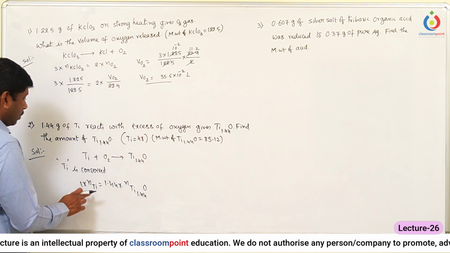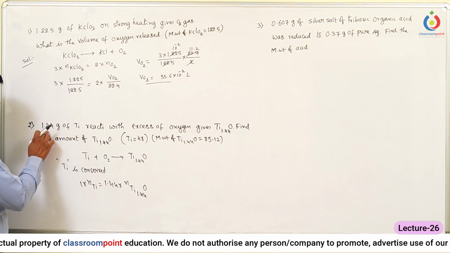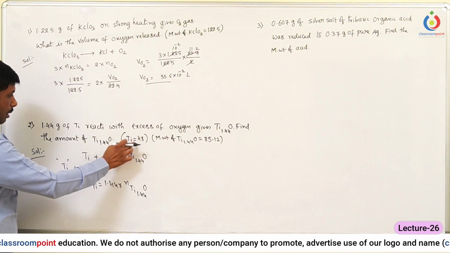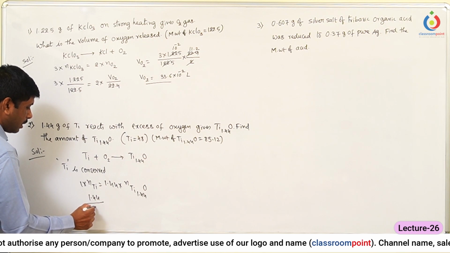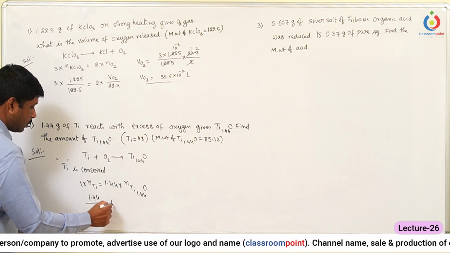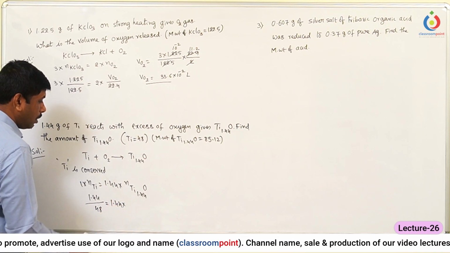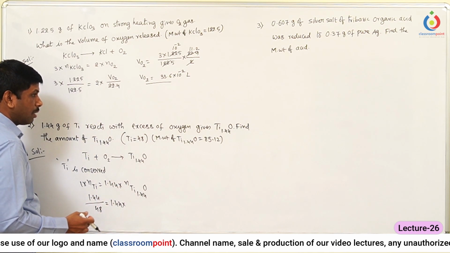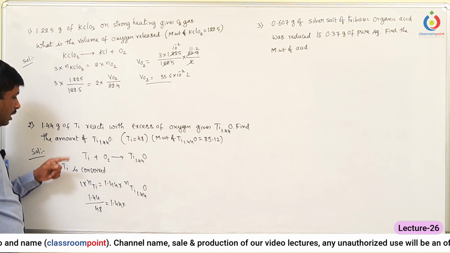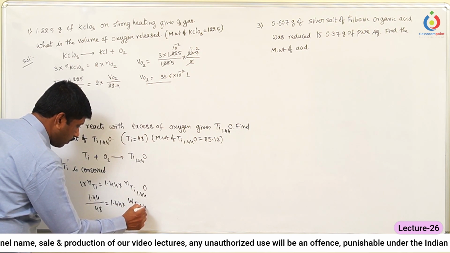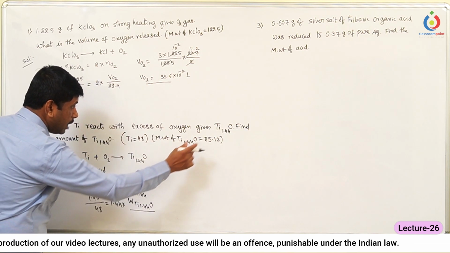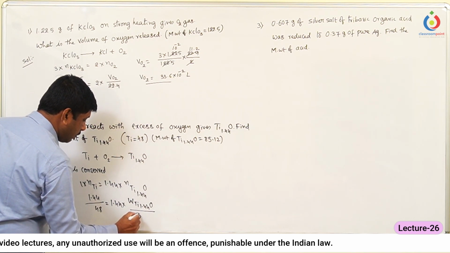So here number of moles of the titanium means mass by atomic mass. So mass 1.44 divided by atomic mass 48 is equal to 1.44 into number of moles, meaning weight by molecular mass. So they are asking us to calculate the weight. So weight of the Ti1.44O divided by its molecular mass 85.12.